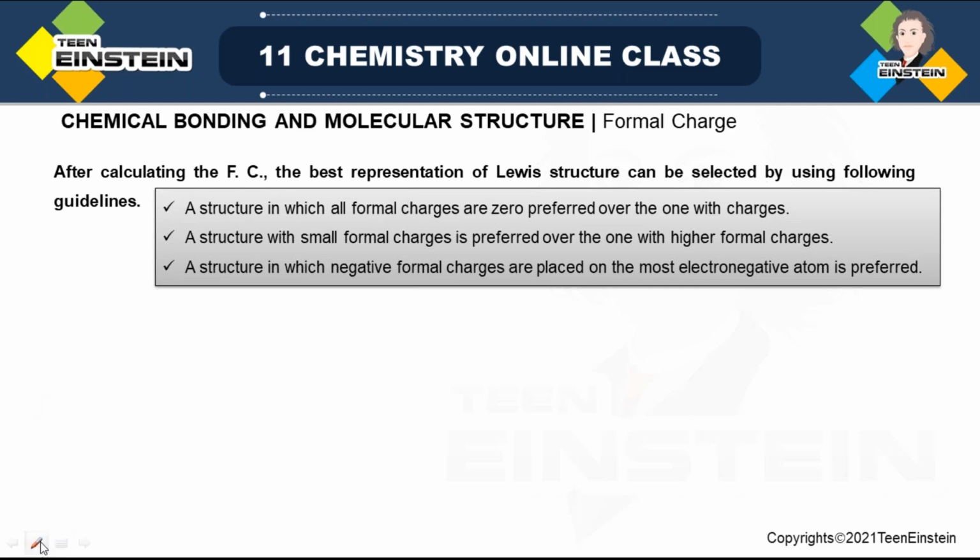So formal charge, we know how to do the calculation, and after calculating the formal charge, how do we choose the best representation of a Lewis structure? For that we just have to keep these points in mind. The structure in which all the formal charges are zero will be preferred over the one where some charges are present.